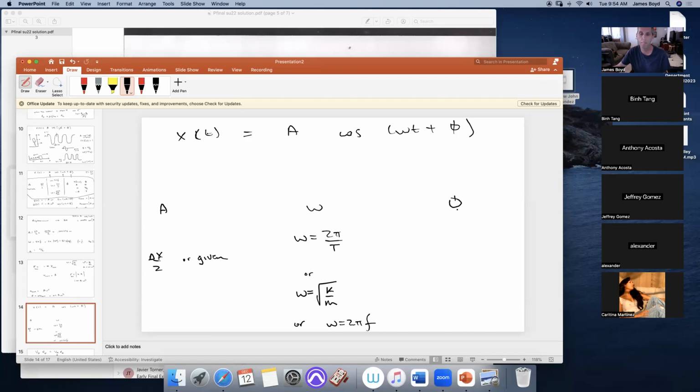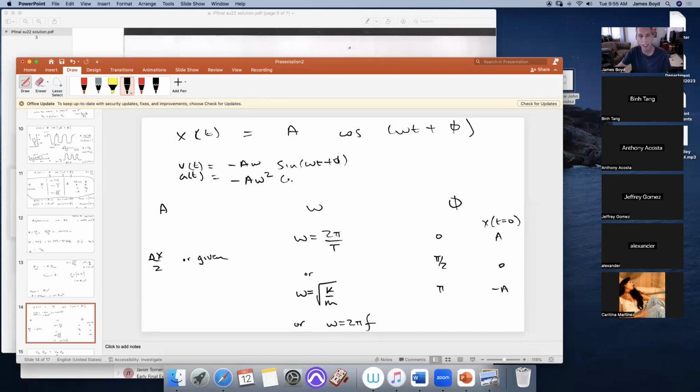And then finally, phi is 0, pi half, or pi if x at t equal to 0 is A, 0, or negative A. Once you have that, you can then write v and a of t, okay? And that is negative A omega squared sine.